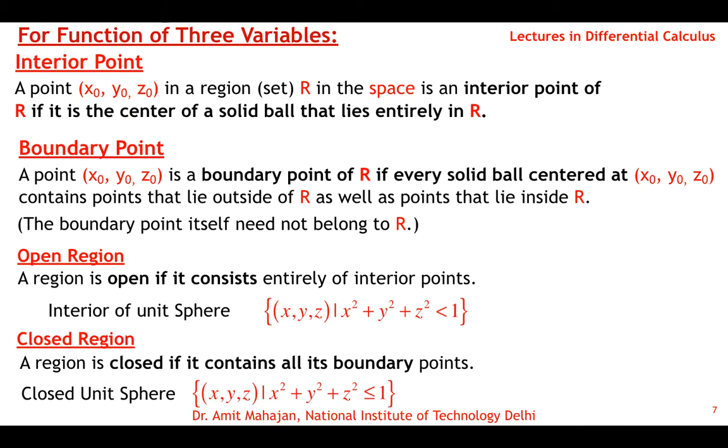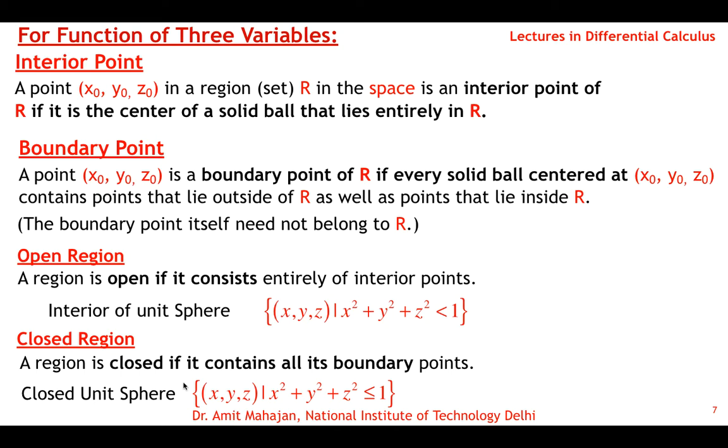And the region will be closed if it contains all its boundary points. For example, the closed unit sphere. The boundary points are also part of the domain. So x squared plus y squared plus z squared equal to 1 is the boundary of this sphere, and all the points are part of the domain, so it is a closed region.